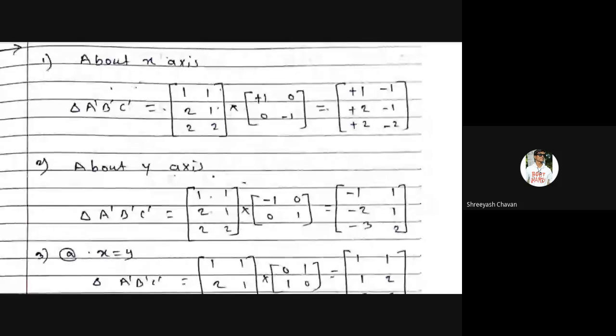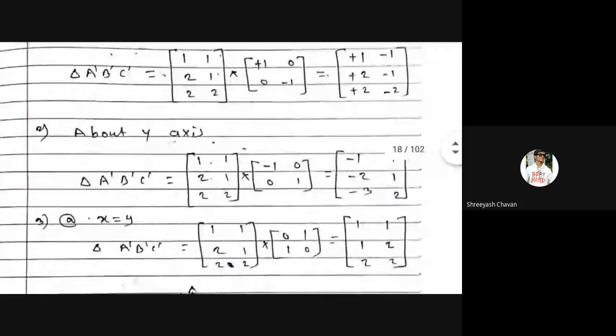Now the standard transformation, the mirror matrix or reflection matrix: 1 0 0 minus 1 is for about x-axis, minus 1 0 0 1 is for about y-axis, and for x is equal to y, 0 1 1 0. This is the standard.